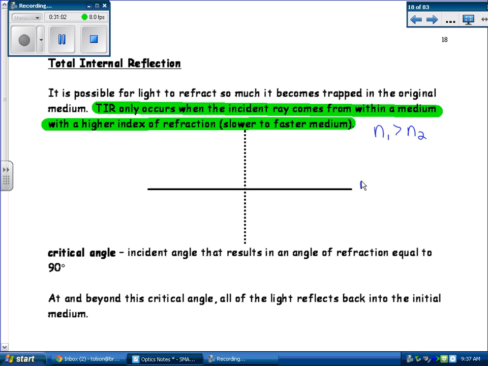So this will be the boundary. This is the normal. Okay, so this is the high index, N1, and then N2 will be a lower index. Examples of that might be, let's say, diamond to air.